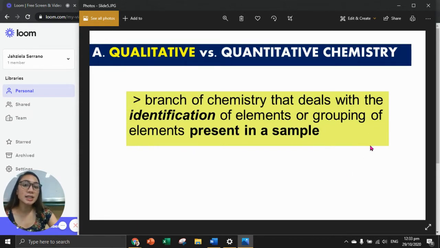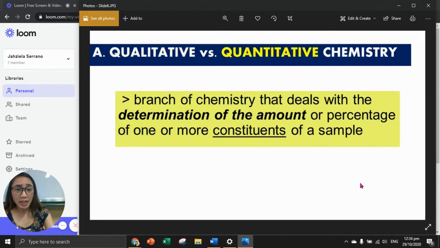In qualitative, our topics before were defining physical and chemical properties, and then homogeneous mixtures, heterogeneous mixtures, solutions, etc. And basically here, when you're identifying elements or components of a sample, you're using your five senses.